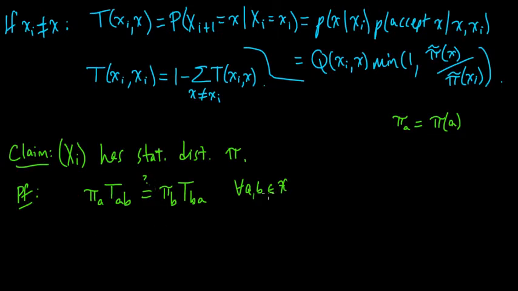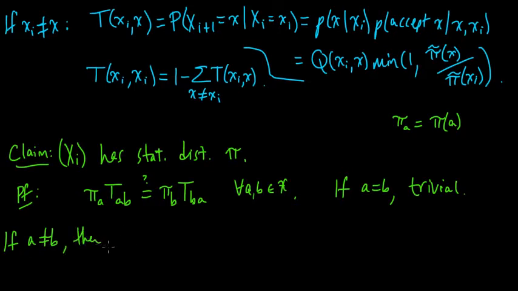Well, first, let's think about if A equals B. If A equals B, then it's just pi a TAA equals pi a TAA. So that's trivially true. And then if A is not equal to B, then let's write out what this left side is. I'll switch back to this notation since it's going to be a little clearer.